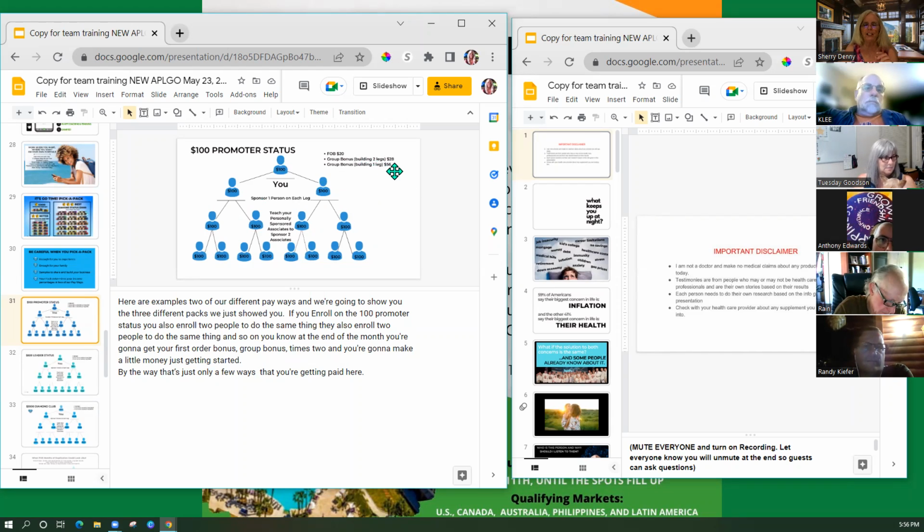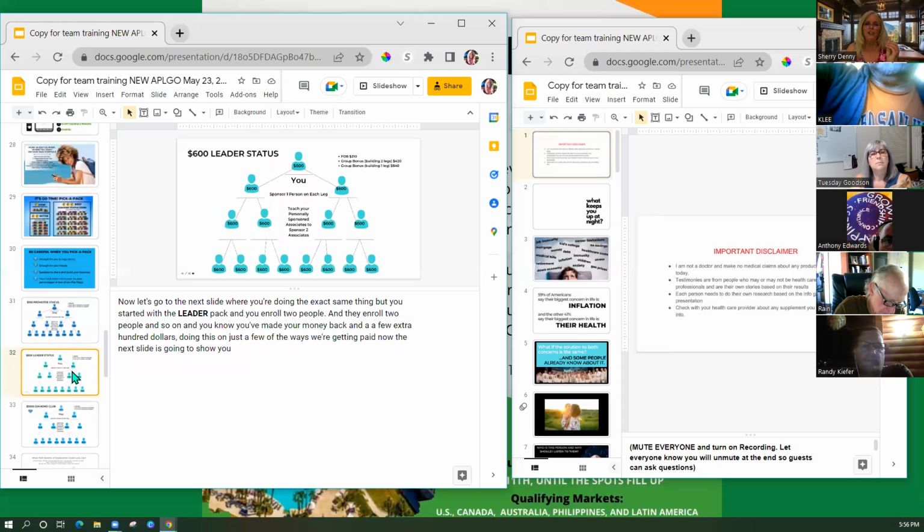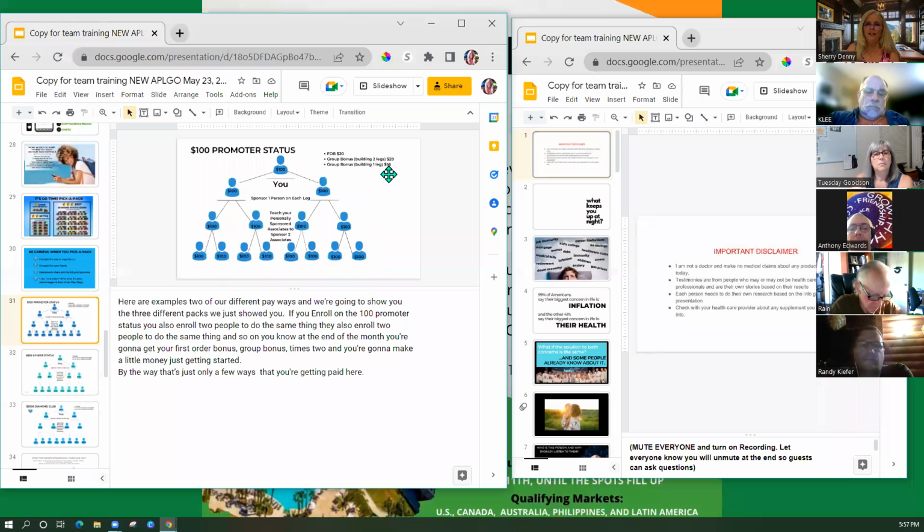Here's the big thing right here, and I wish this was PowerPoint, so that there was actually a pointer going there. But the group bonus building, you're only bringing in this much. When you have people come in at 600, this is a huge jump. People are bringing people in at the 100 promoter, and they're only getting paid that much on their fast start bonus.